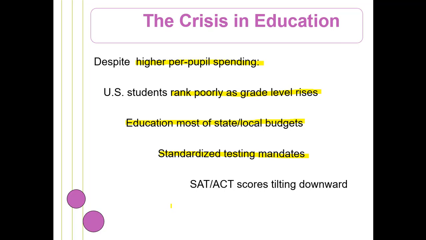that are testing not just the students but the school's performance. And we also see that over the years, the SAT and ACT scores, which demonstrate for that particular cohort of all the students in the United States what their assessments are for reading, math, and writing, have been trending downwards.